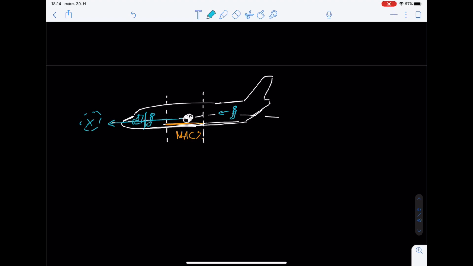So this is very straightforward, I think: when you go towards the nose of the airplane, or in the positive longitudinal direction, what we say is that you're going forward, or it is a forward position of something.